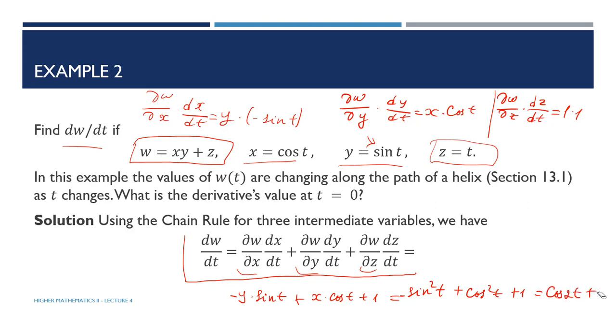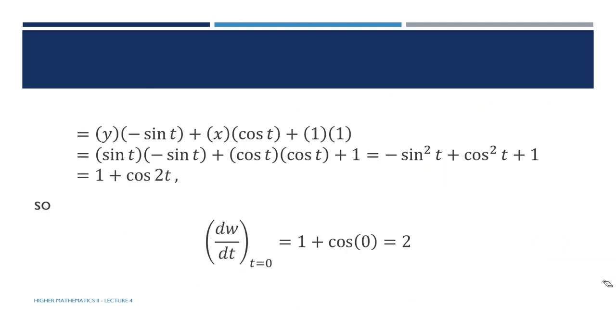Now it says calculate its value at t equals 0. So this is cosine 0 plus 1. The value of cosine at 0 is 1, plus 1 gives us the number 2, which is the result of the example.